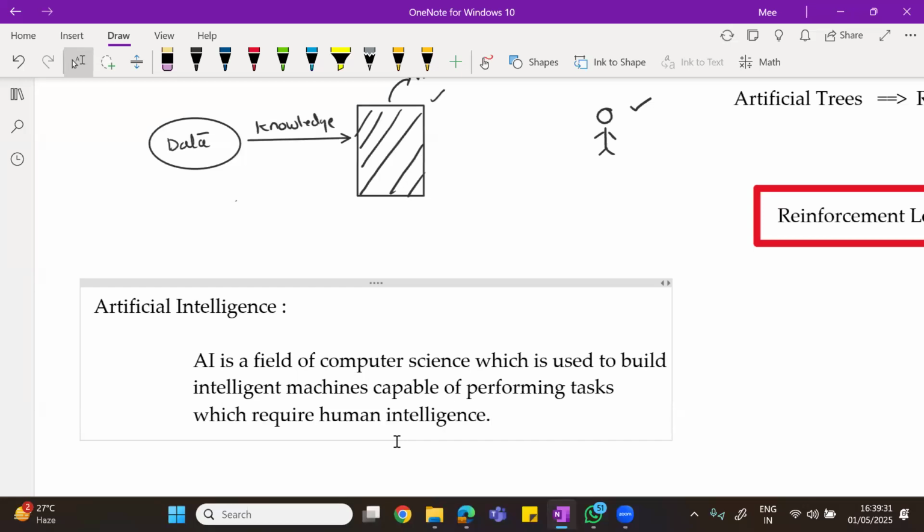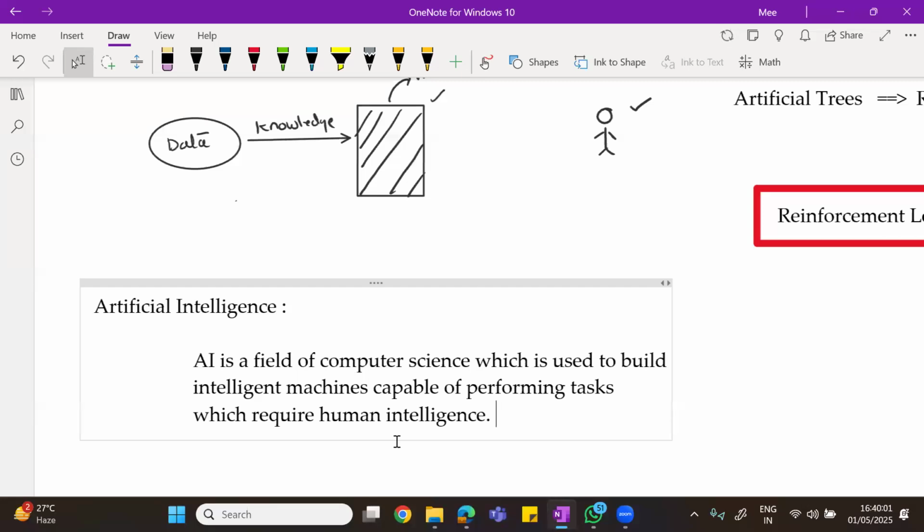A simple example, can anyone think of one? A simple example where AI is performing a task where human intelligence is actually required. Can someone tell me what that will be? We are seeing that happening also.